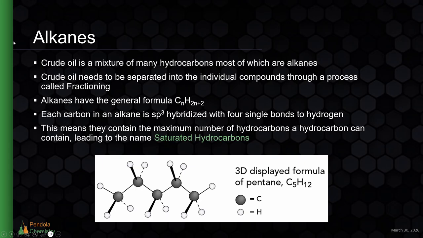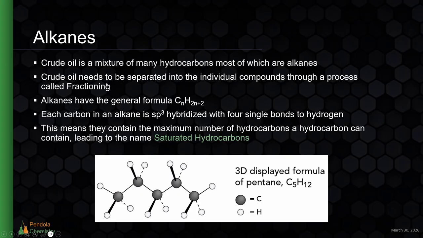Alkanes are, if you remember from chapter 14, the hydrocarbons that are all single bonded, meaning that we have a carbon chain made out of nothing but carbon and hydrogen and single bonds. Most alkanes come from crude oil, meaning that this is the oil that we drill from the earth, and that crude oil is a mixture of hydrocarbons, most of which are alkanes.